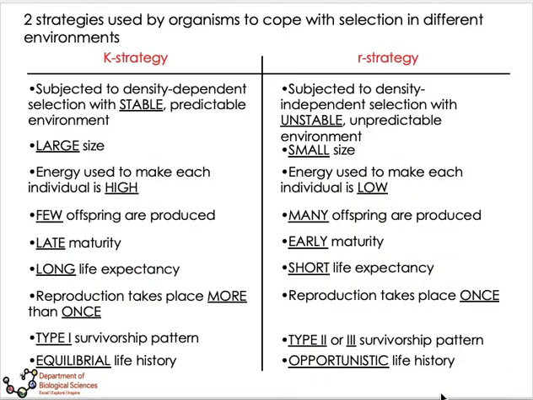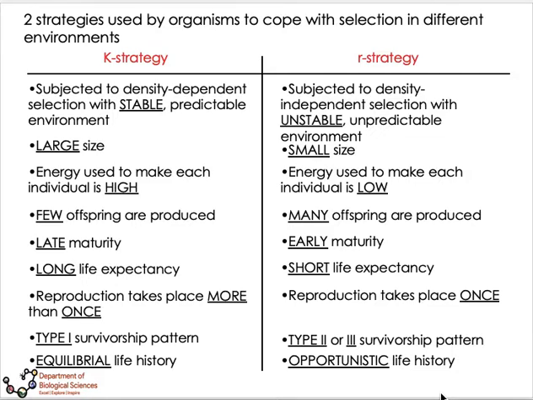Okay. In terms of how organisms in the population survive, grow, and develop, we have two different strategies used by the organism. Okay, so these strategies are also based on the selection that predicts what particular species is adapted to different environments.